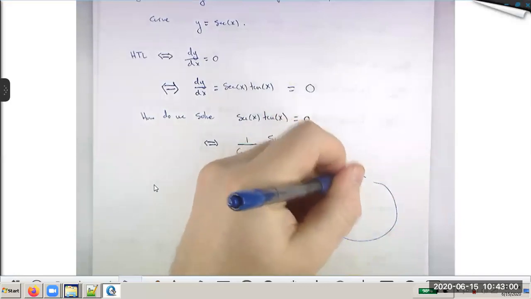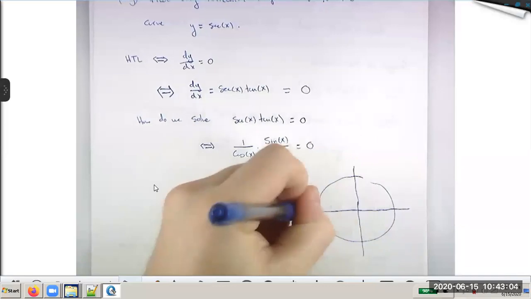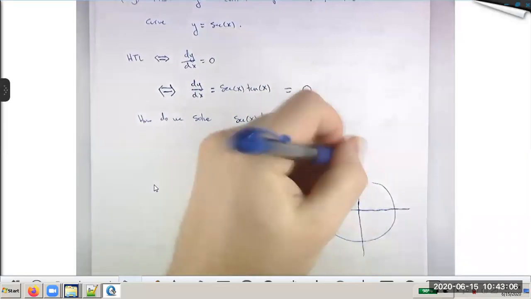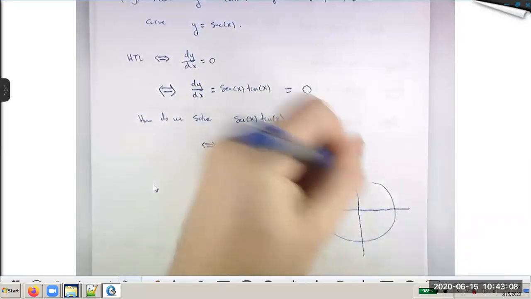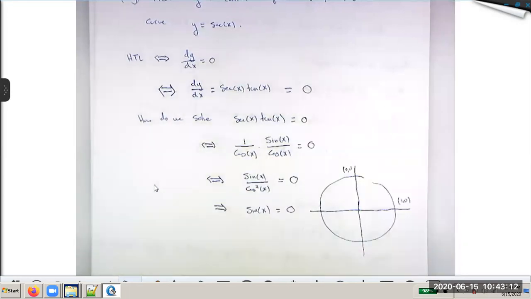So you may want to go back into your trigonometry notes and try to remind yourselves how to do this. It's a unit circle thing. If I want to find out everywhere the sine function is equal to 0, I need to look on my unit circle for all of the places where the y coordinate is equal to 0.